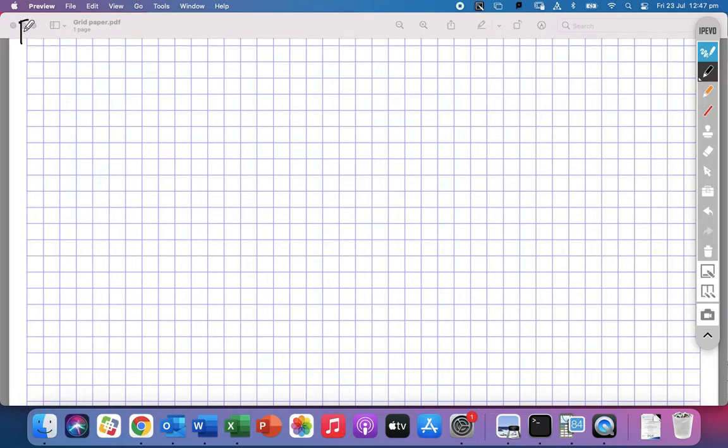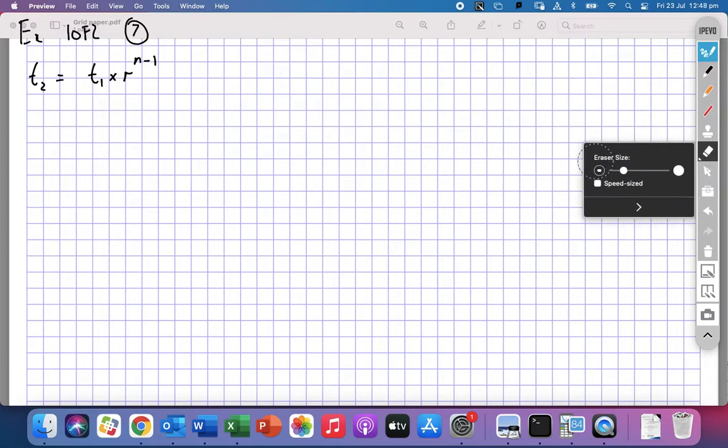We're doing exercise 10F2, question 7. We know the second term is 8 fifths. Our expression would be T1 times R to the n minus 1. But I know that is just R to the power of 1 because n is 2.